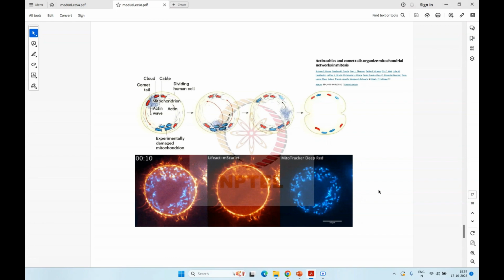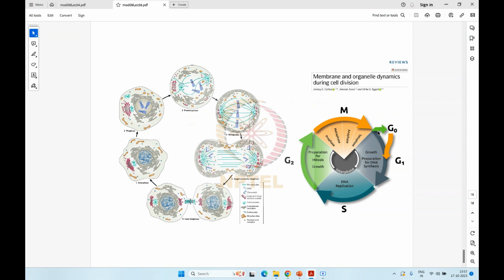Anyways, basically, you now know what cell division is in simple terms, what happens in each stage, and what kinds of structures disassemble and then reassemble during mitosis and after mitosis.